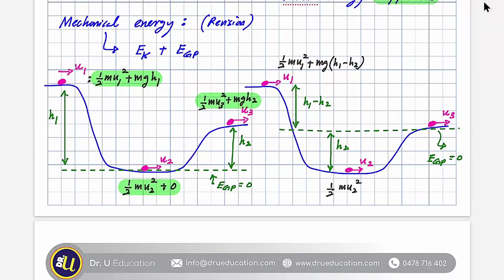Now, what is the potential? You're measuring it vertically down, so it's going to be minus mg h2. Agree? Right. So what about this one? This one is going to be half m u3 squared plus 0. So similarly, these three expressions should be equal to each other.